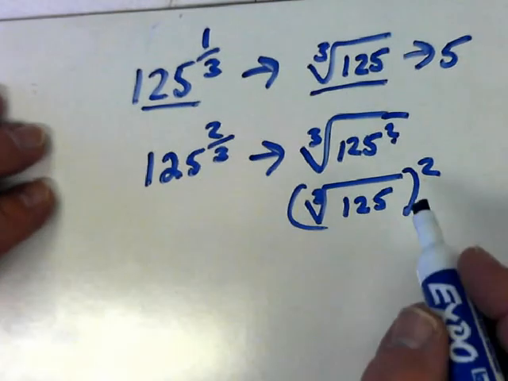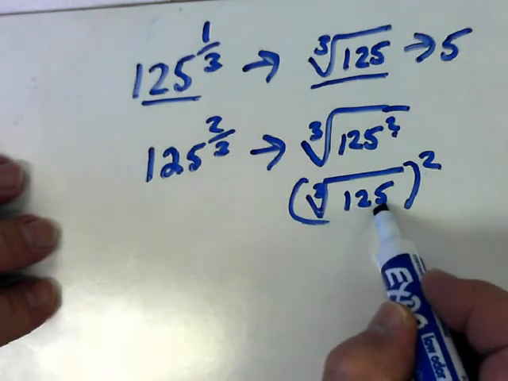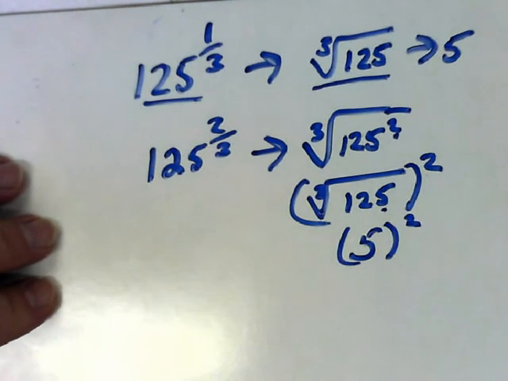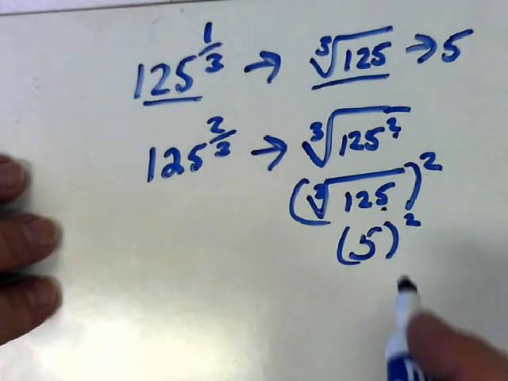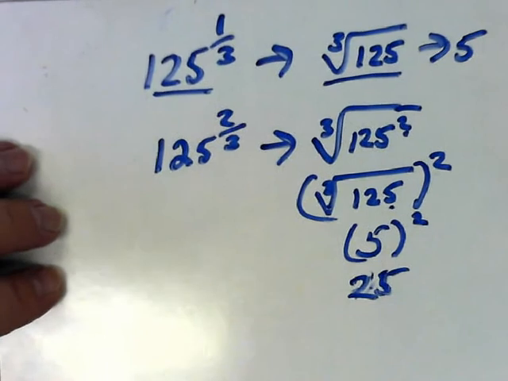Which would ultimately mean find the cube root of 125, which is 5, and square it. I like that one better, which gives you 25. Okay?